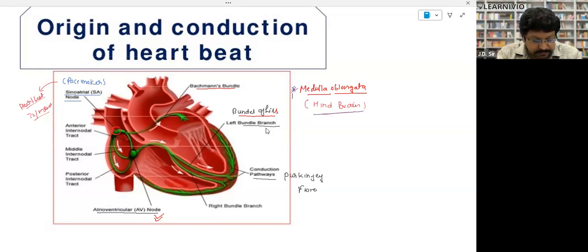So you can note it down. This is called the pacemaker, right?